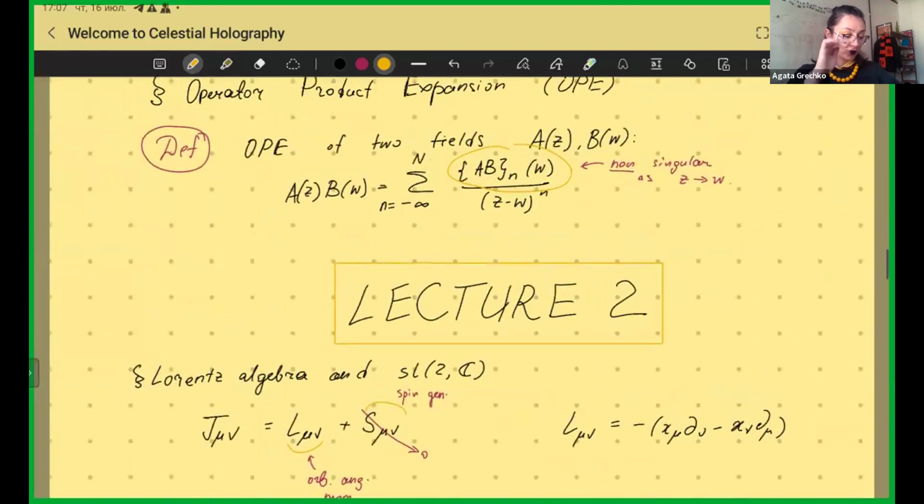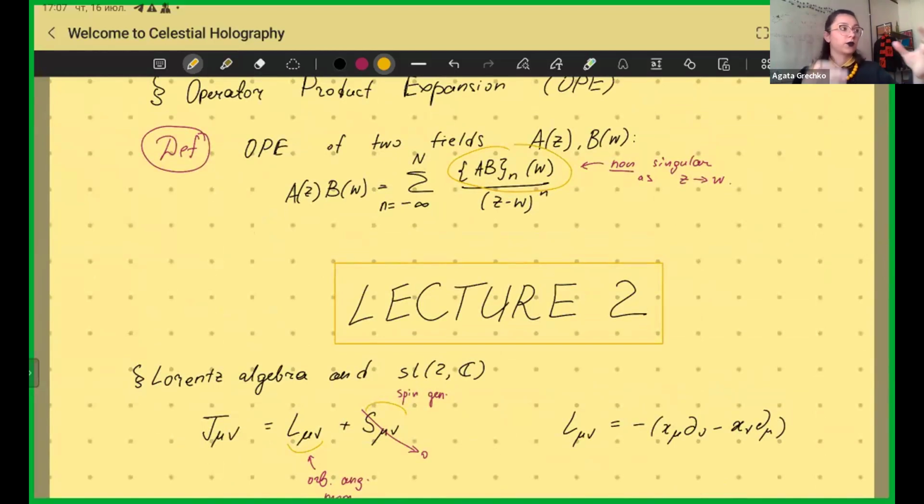The OPE of two fields is when we decompose the product of two fields into some terms in the orders of their singularities.